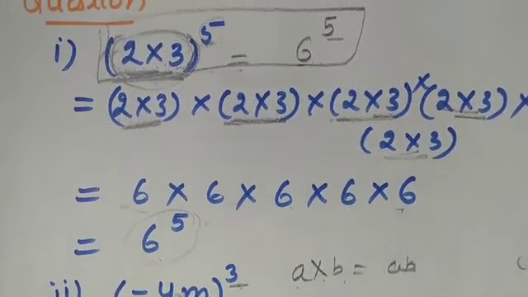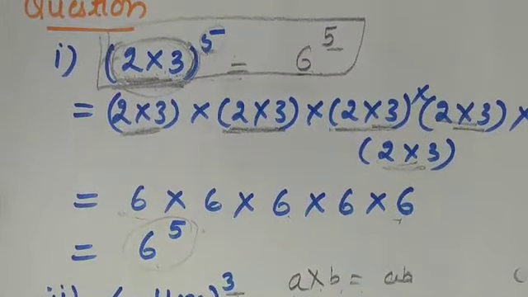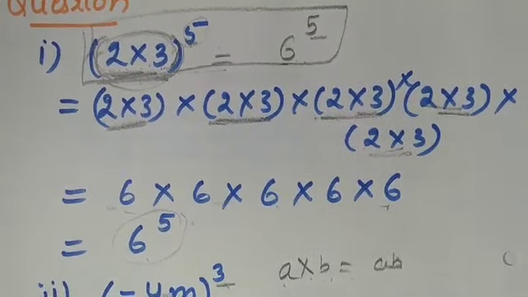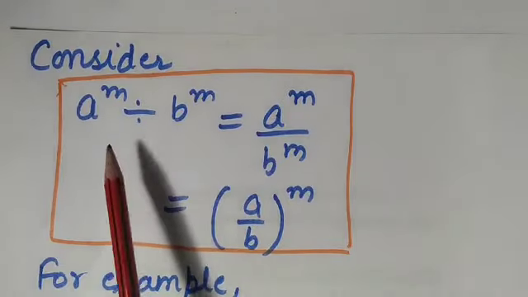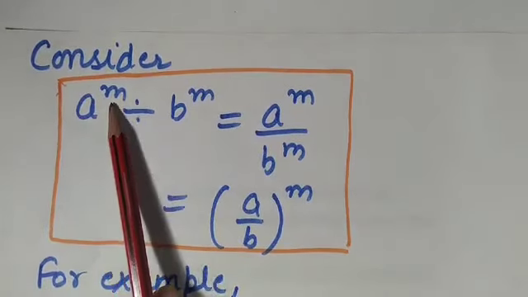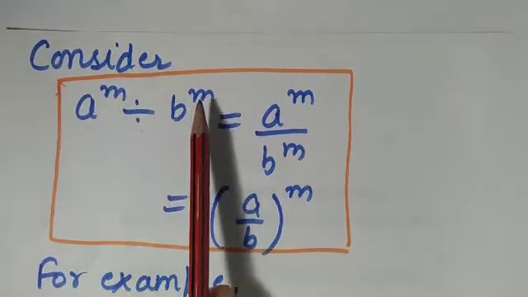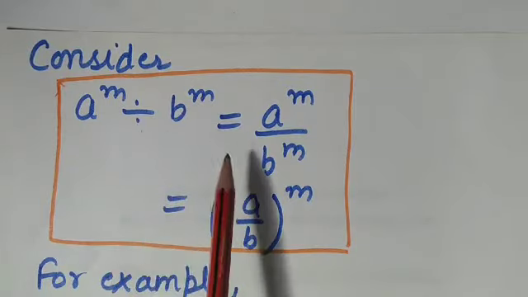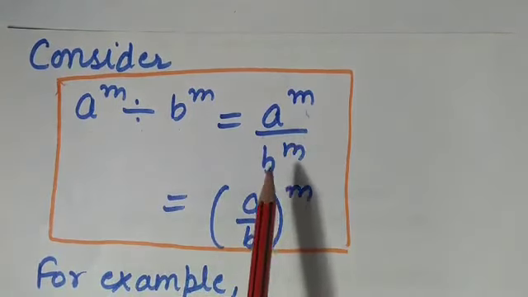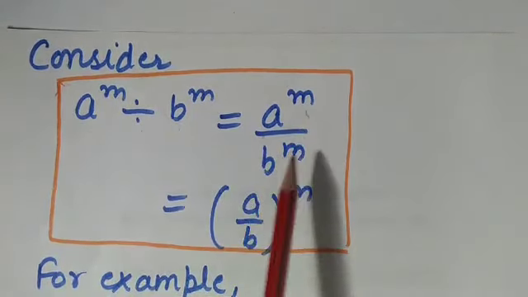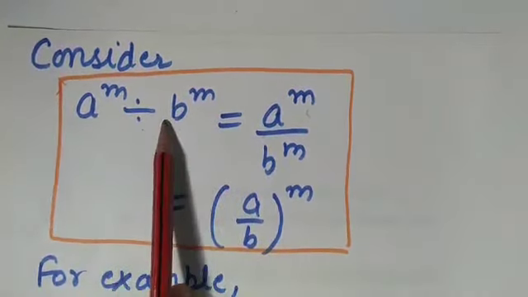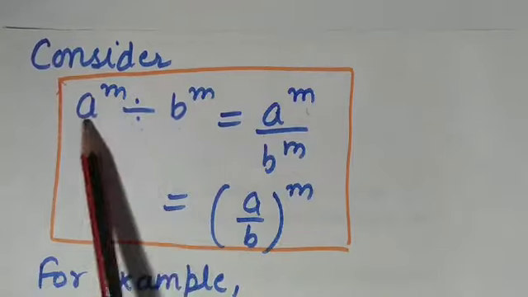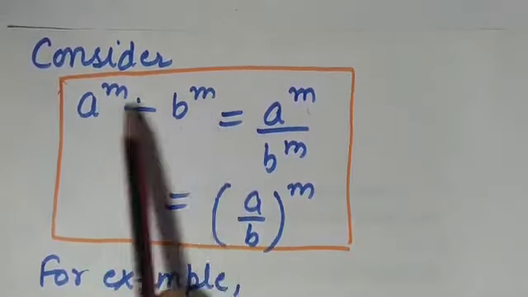Now we will move towards our fifth law, which is given by this one: a raised to the power m divided by b raised to the power m, or this can be written as a raised to the power m over b raised to the power m. What I am observing here is that I am dividing two exponential numbers having different bases and the same power.